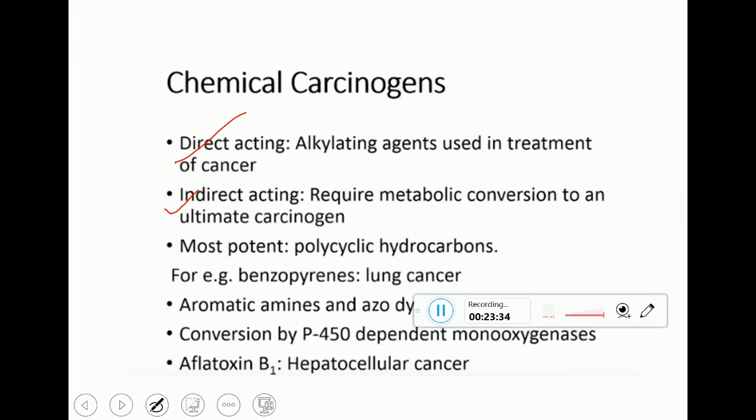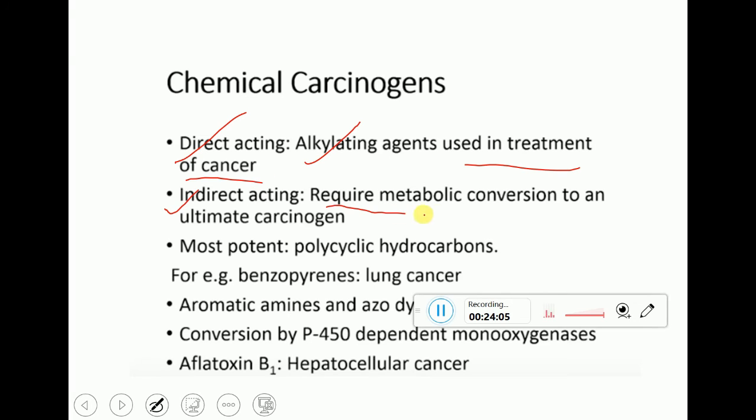As soon as it enters the human body, it will start affecting function or start causing mutation. So these are known as direct acting. An example of a direct acting chemical carcinogen is alkylating agents which are used in the treatment of cancer. This is ironic because the same disease which they are used to treat, they also cause at a later stage of a particular individual's life.